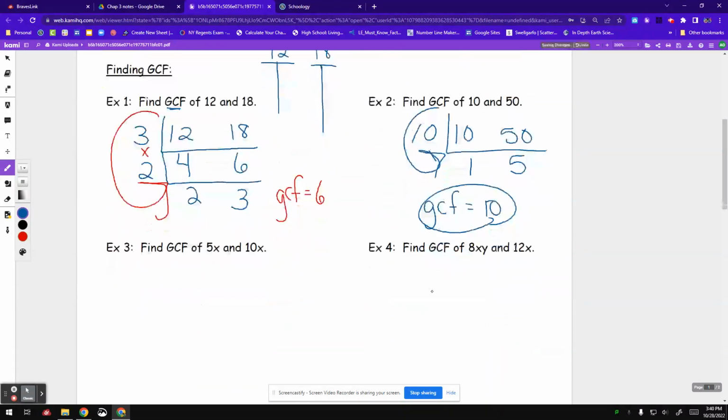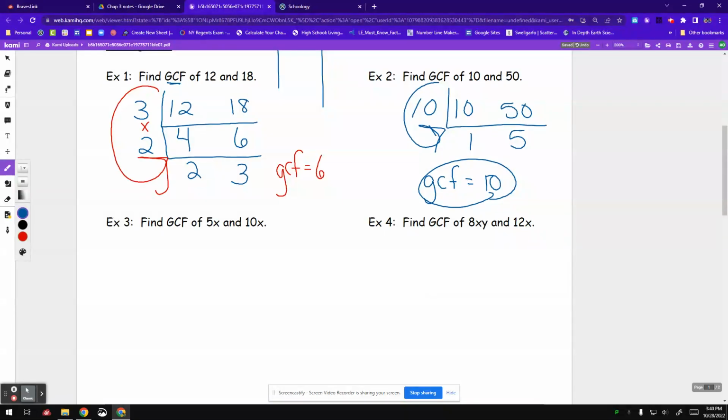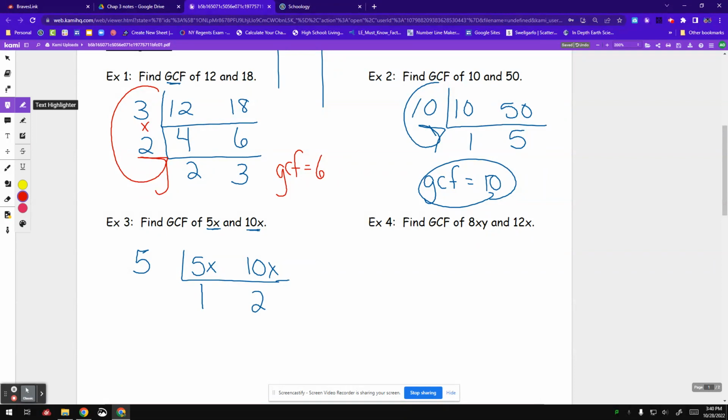Now, this is where I'm going to kick it up a little bit of a notch. I want to find the GCF of 5x and 10x. I am still going to use my ladder. I am still going to look to see what factor the numbers share. 5 and 10 both have a factor of 5. 5 divides into 5 once. 5 divides into 10 twice. Now I look at the variables.